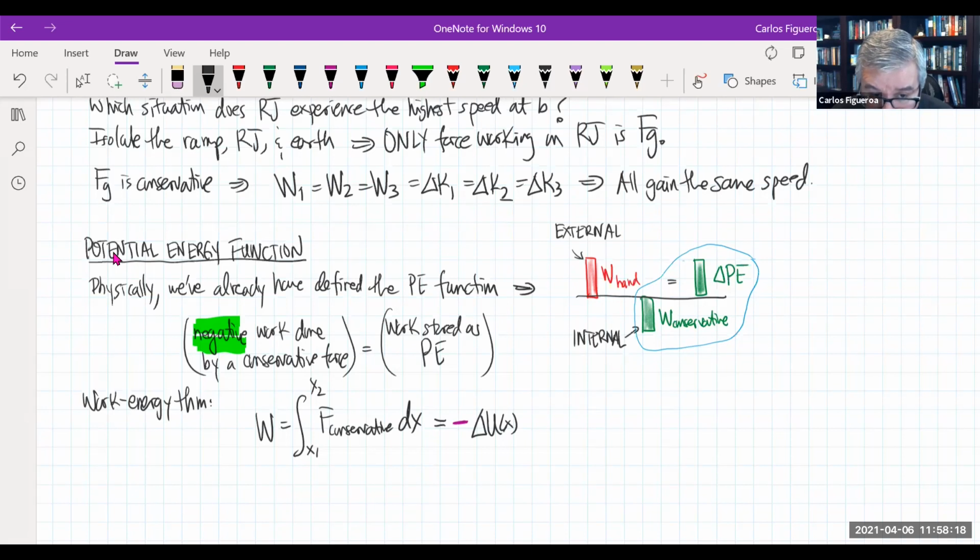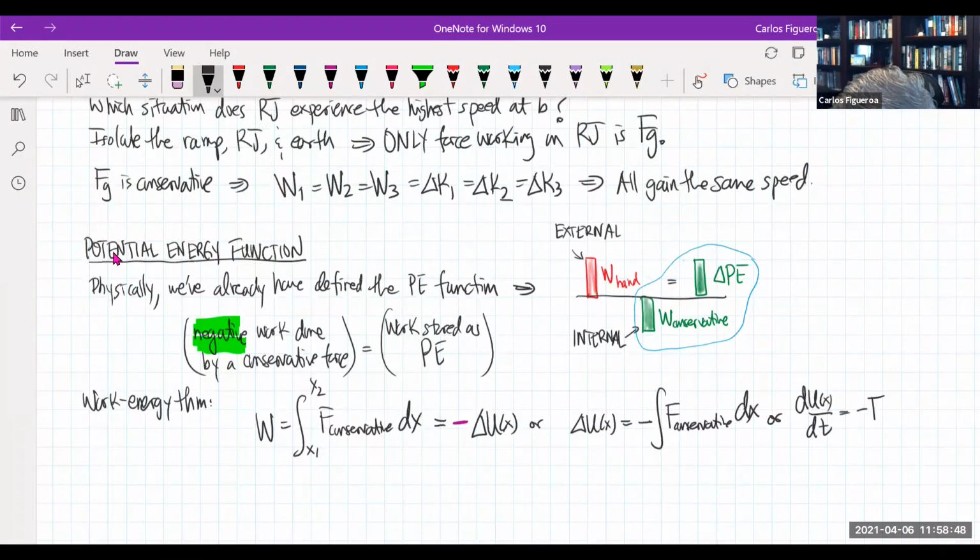Okay? So I could either write it this way, or I can write the potential energy function would be minus the work, or I could leave this as a derivative where I say here that the derivative of this potential energy function will then be minus the force.